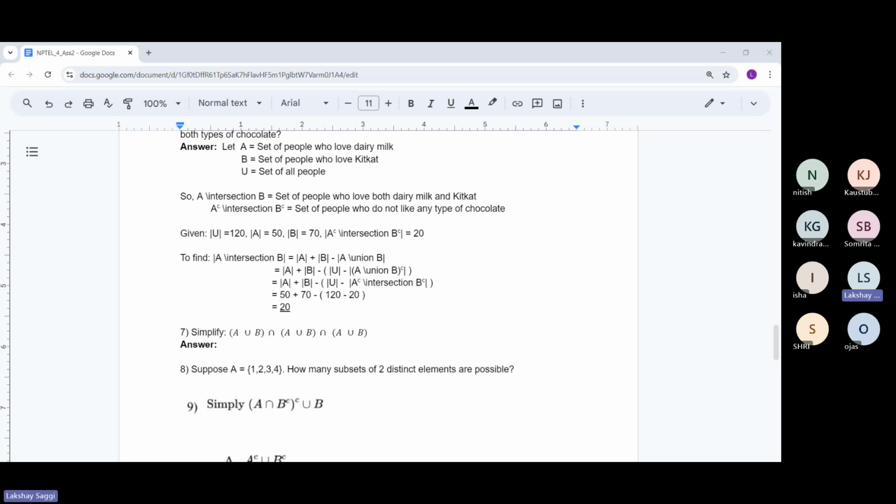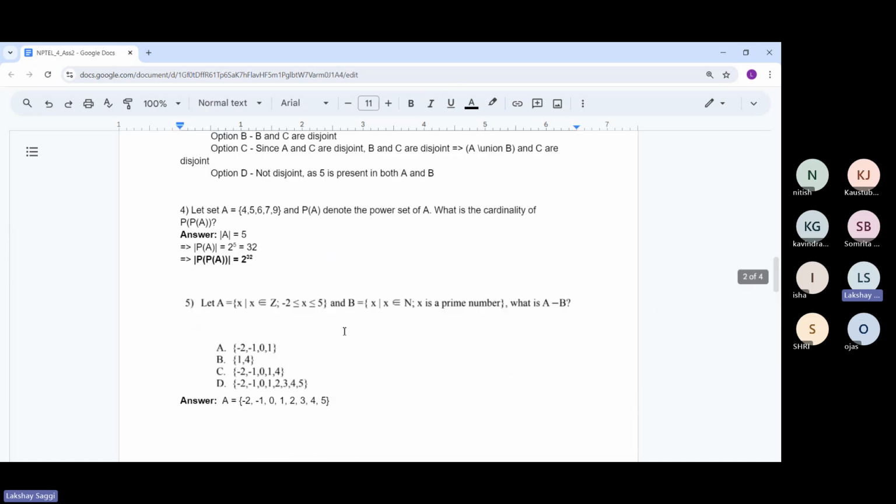Ojas is typing something again in the chat. Note here, guys, this is not a difficult question at all. It was just a question to make you scratch your head, wondering why am I even asking this. It is straightforward: any set intersection with itself is that set itself.